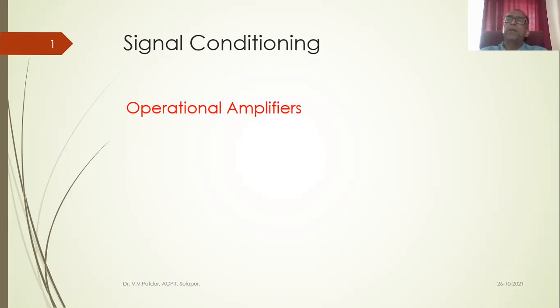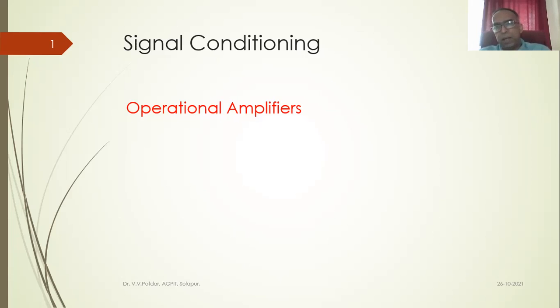The controller will once again send it to output signal conditioning devices, and that conditioned signal will be given either to the display or to the actuator, and thereafter the entire mechatronic process will be completed.